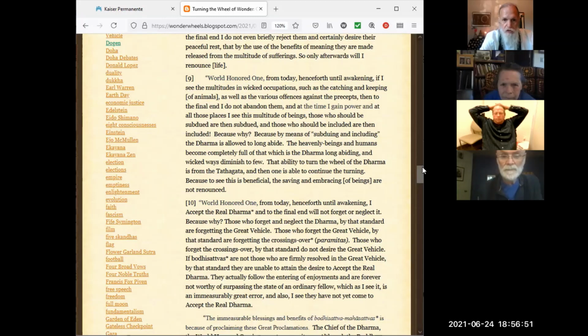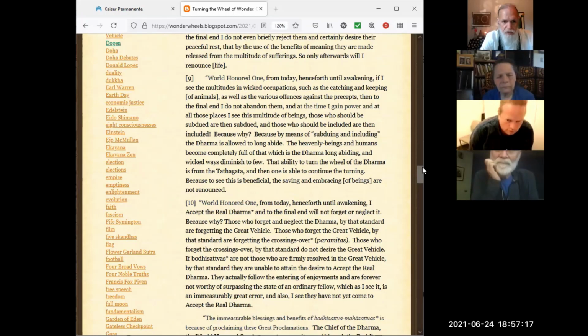That ability to turn the wheel of the Dharma is from the Tathagata, and then one is able to continue the turning. Because to see this is beneficial, the saving and embracing of beings are not renounced.